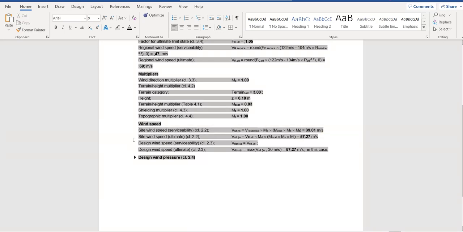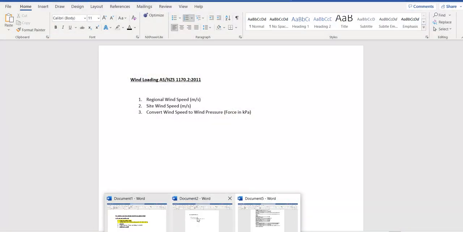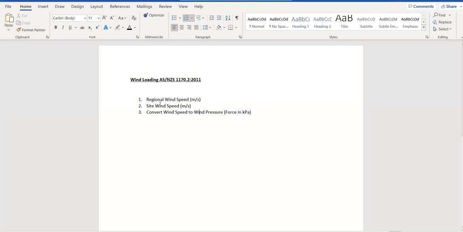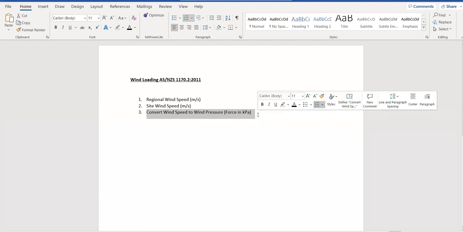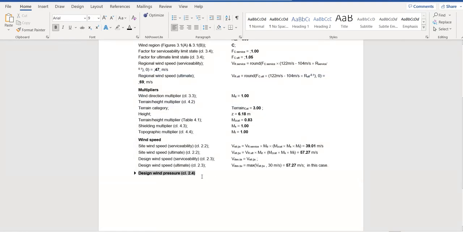When we go for design of member size, then we have to apply ultimate limit states. So finally, we got the regional wind speed and site wind speed. In the next part of the tutorial, we're going to convert our site wind speed into wind pressure, in which we are going to get our CPE and CPI values.